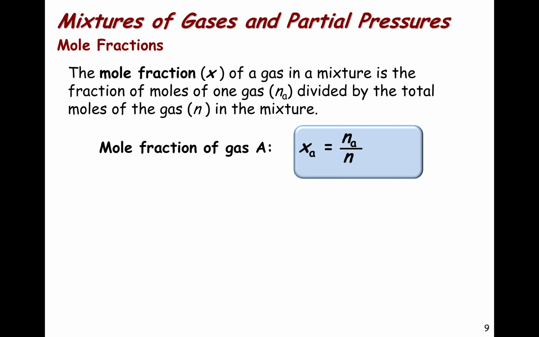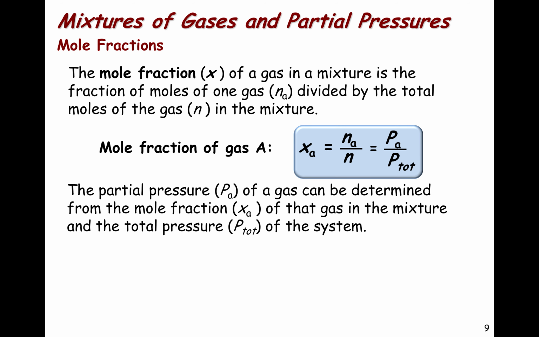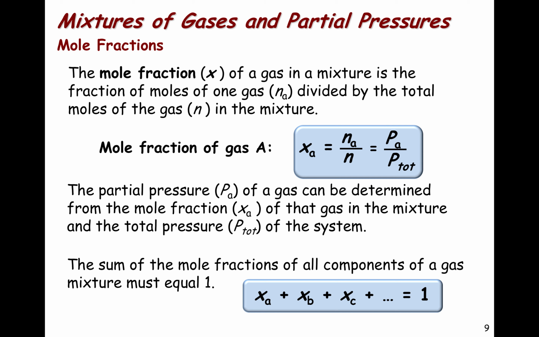As you see here, the mole fraction is given the symbol X subscript N, and it's equal to the N of an individual gas species divided by the total number of moles. It turns out then that has to be equal to the partial pressure of that gas divided by the total pressure of all of the gases together.